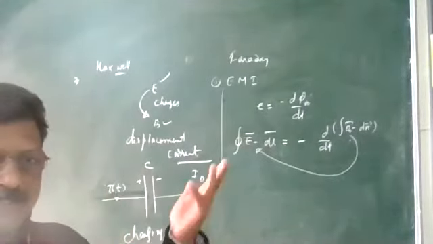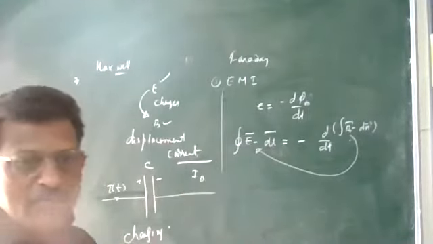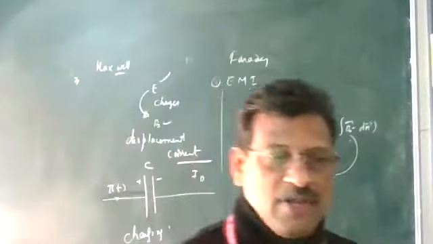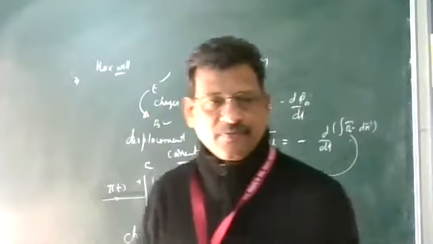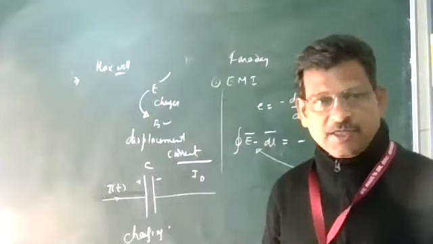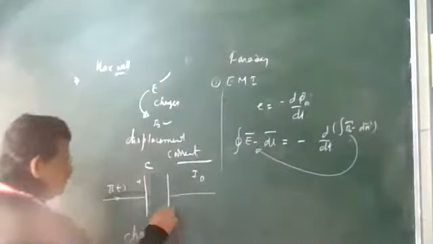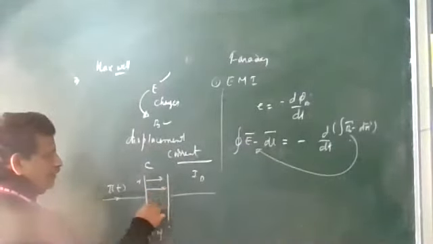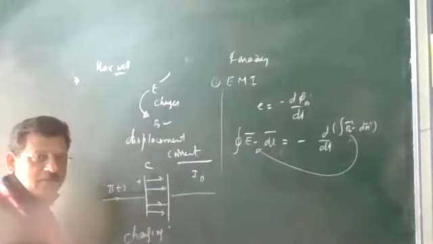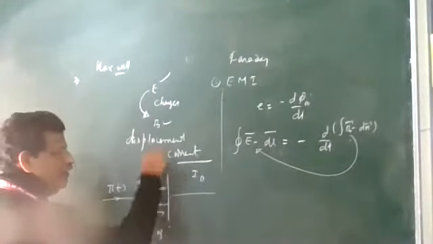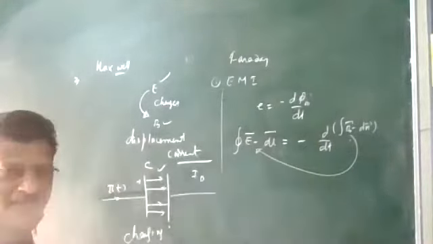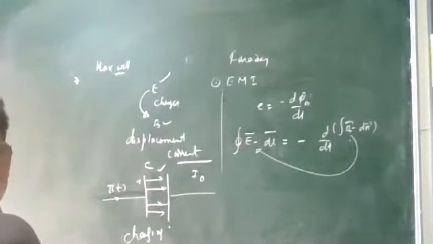As the capacitor is continuously charging, what can you say about the electric field between the plates of the capacitor? There is electric field there. There will be electric field between the plates of the capacitor. That electric field will change and hence electric flux will change.